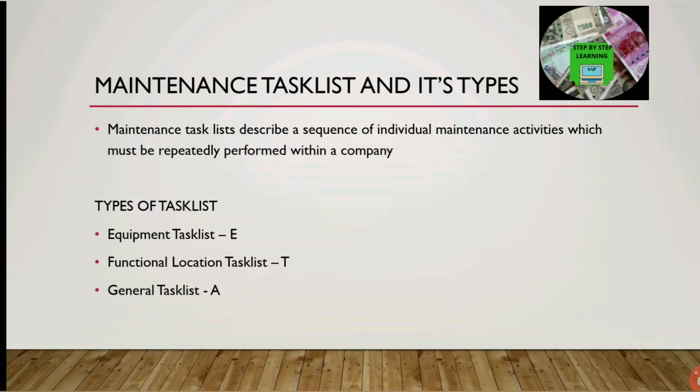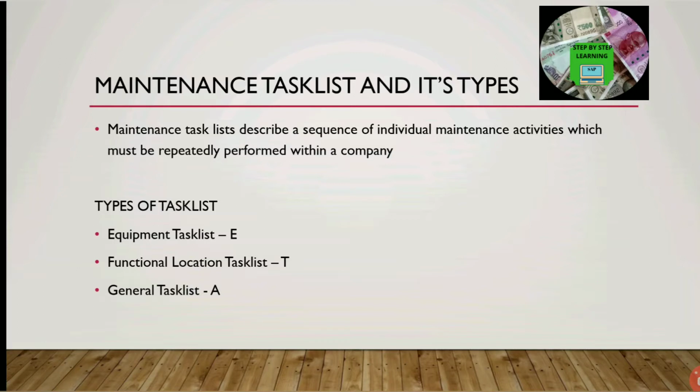But in the maintenance order, while referencing the equipment, you cannot directly choose this general task list automatically. You need to manually enter the task list group and code number to select this task list.